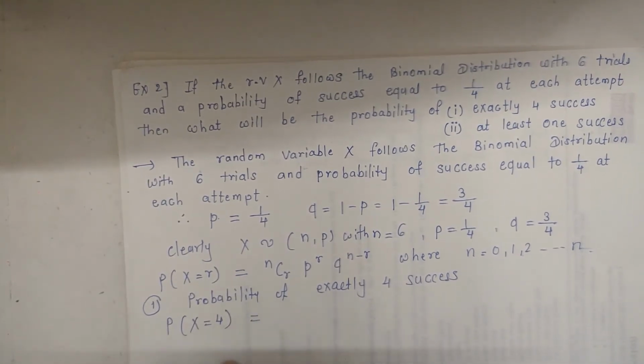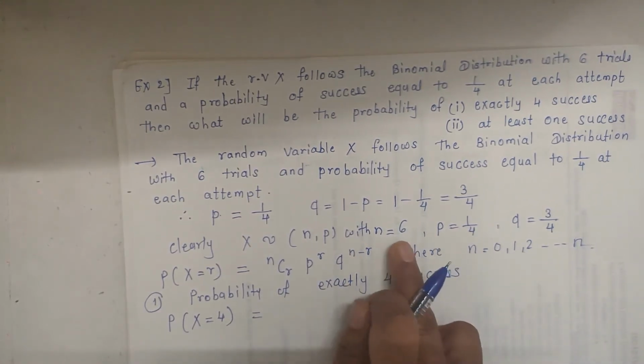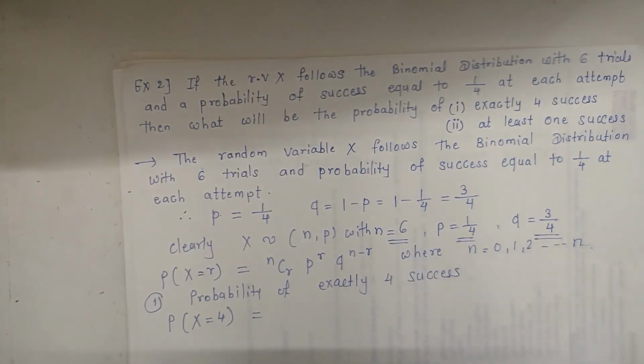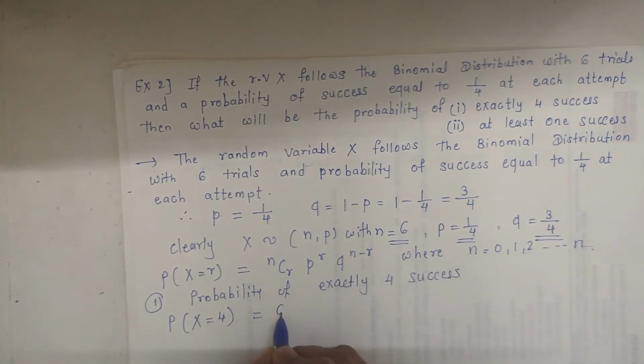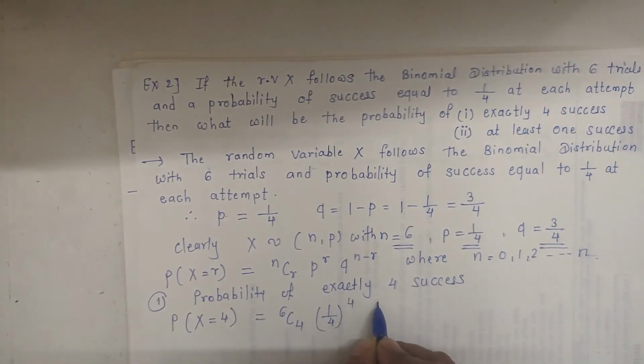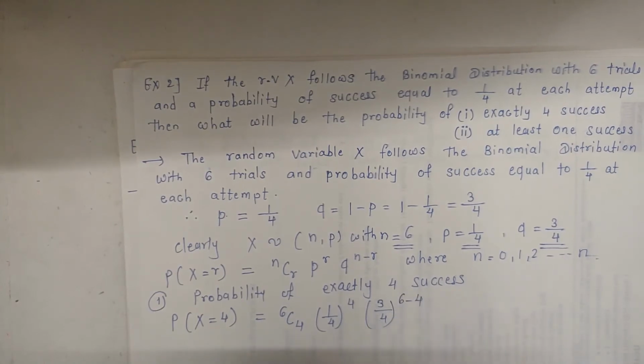Now substituting the value of r is equal to 4 in this formula, we get n is equal to 6, p is equal to 1 by 4 and q is equal to 3 by 4. So substituting all these values, 6C4, p is 1 by 4 raised to 4 and q means 3 by 4 raised to n minus r, that is 6 minus 4.